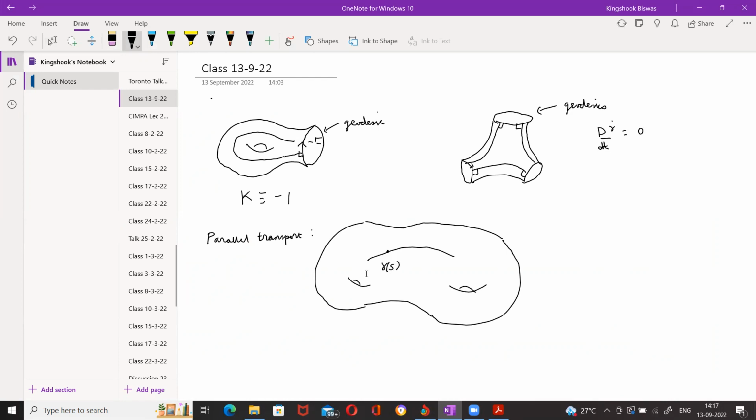Here's a point gamma(s) and here's a point gamma(t). What we're doing is the following. Given any tangent vector v here, we know that we can extend this to a parallel vector field along the whole curve, right? That means a vector field whose covariant derivative is 0.